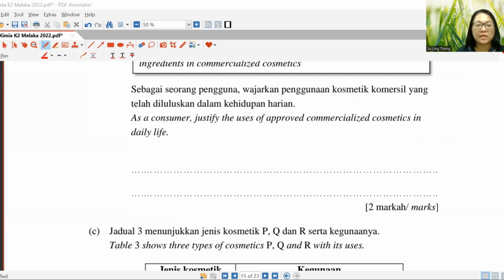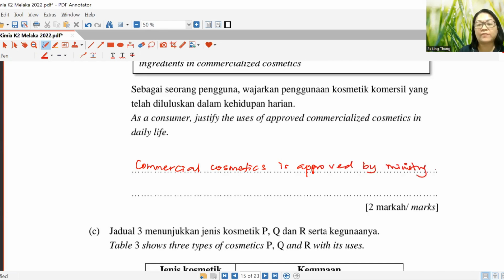So first you can say commercial cosmetics is approved by Ministry of Health. That's the first justification. Okay, to support this, what can you say? It can protect consumers from harmful side effects.